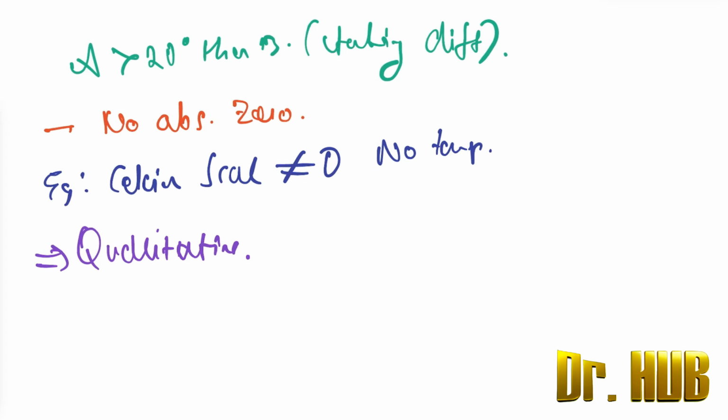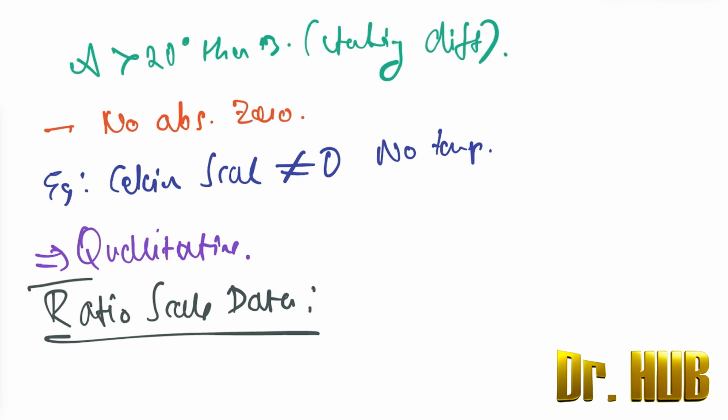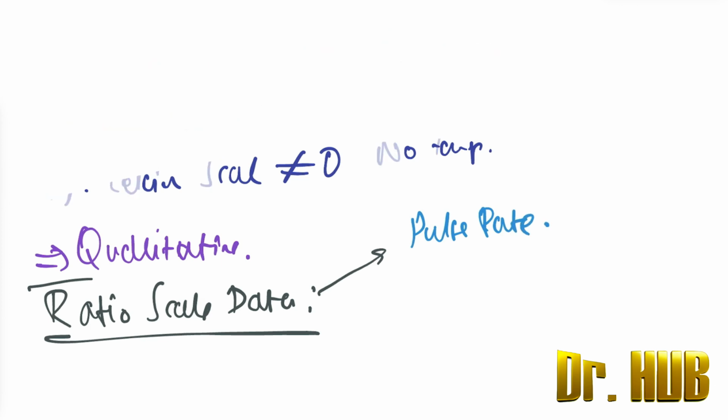And lastly, we'll be looking at the ratio scale data. An example is pulse rate.